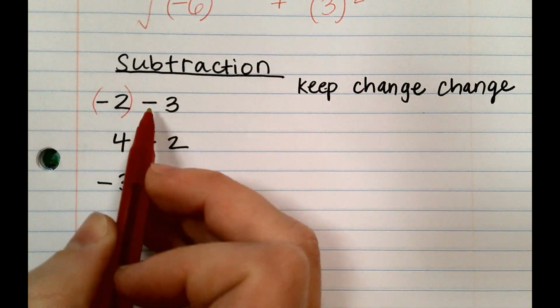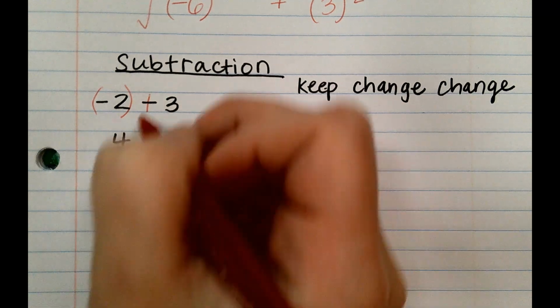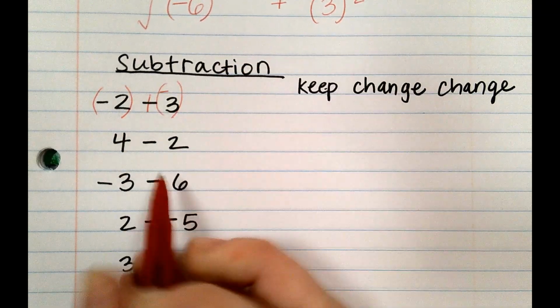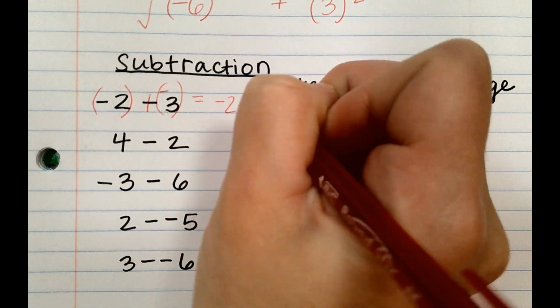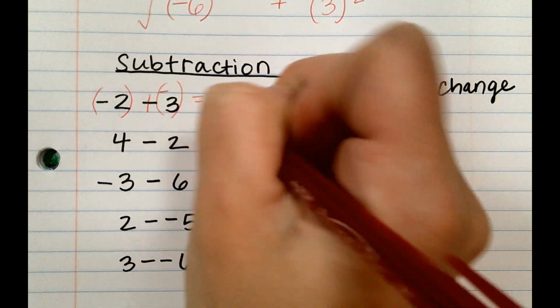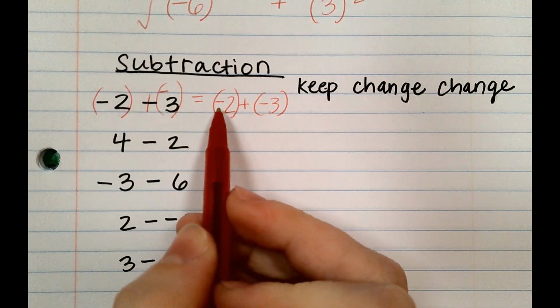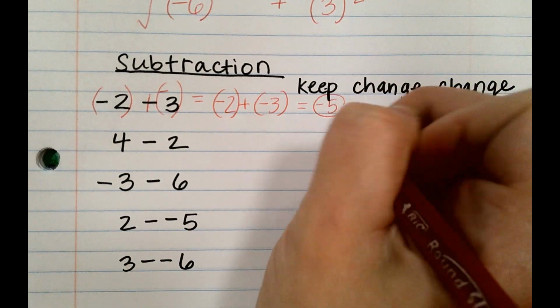I'm going to change minus to a plus, and I'm going to change +3 to -3. And now I have -2 plus -3. We kept it, we changed it, we changed it. -2 plus -3 is -5.